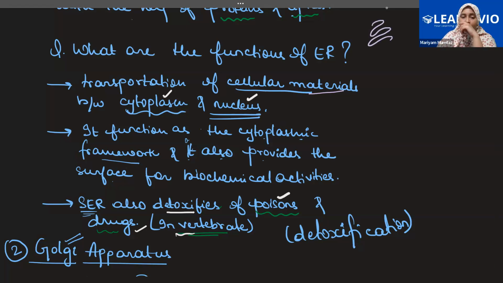You people know how the small intestine looks in our body. It is folded, right, like this. Whenever we fold something, we increase the surface area. Just like that, since the endoplasmic reticulum is present in a lot of folds and is a network-like structure, it also provides the surface for biochemical activities.